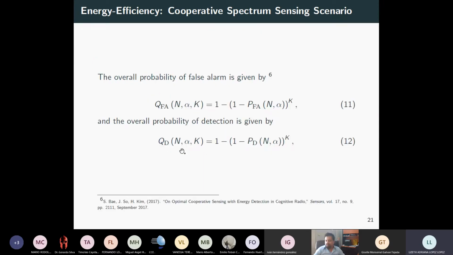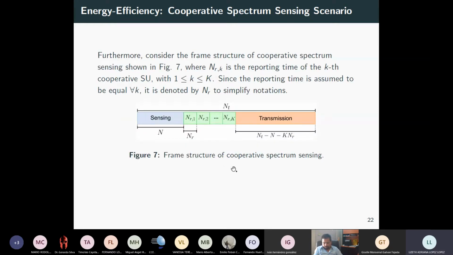In this case, the overall probability of false alarm is given by equation 11, which also depends on the number of cooperative secondary users, and the overall probability of detection is given by equation 12, also depending on the number of secondary users. In this case, we consider a frame structure as shown in figure 7, where it is also considered the time for reporting the message to the fusion center.